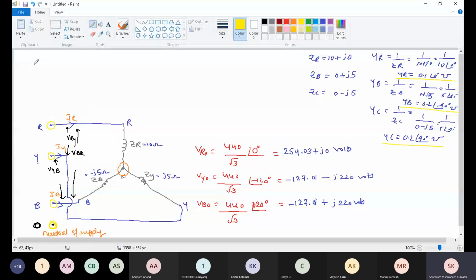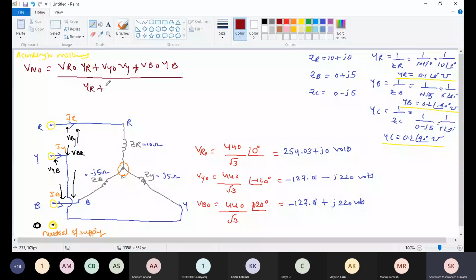Now, according to Millman's theorem, I know VN naught is equal to VR naught YR plus VY naught YY plus VB naught YB divided by YR plus YY plus YB.